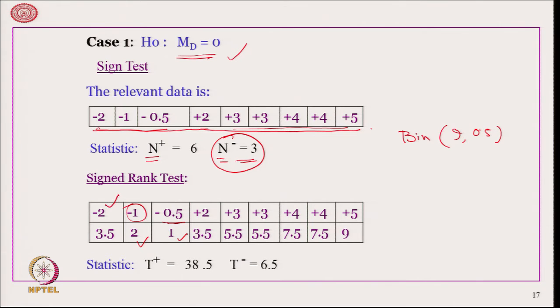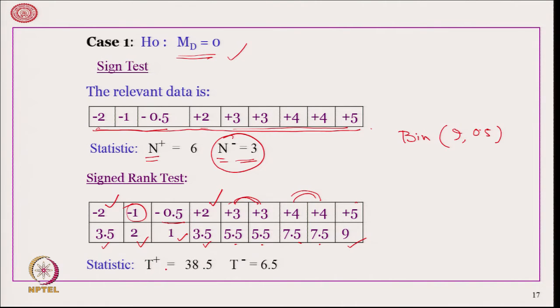Third, these two both have absolute value 2, so they should get the average of 3 and 4, that is why they are getting 3.5 and 3.5. Similarly, these two are getting the average of 5 and 6, these two are getting the average of 7 and 8, and this one is getting the value 9.